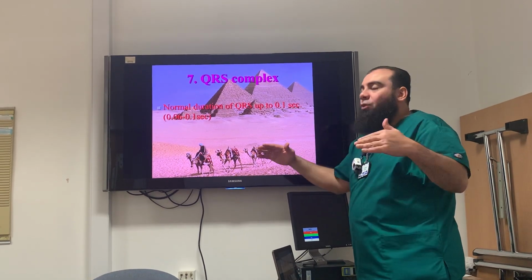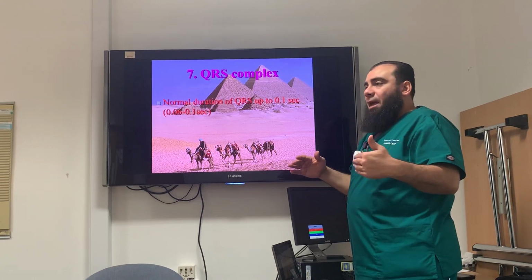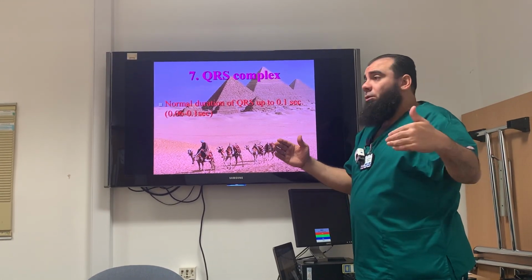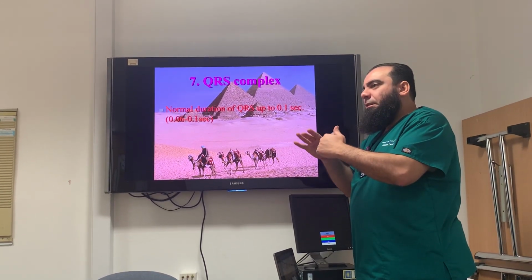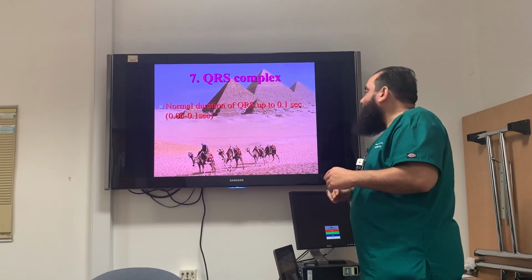But more than 3 is definite prolongation. As we mentioned for the PR interval, 3 to 5 is normal, less than 3 is short, more than 5 is long, but 5 to 6, after 6, is first degree heart block.